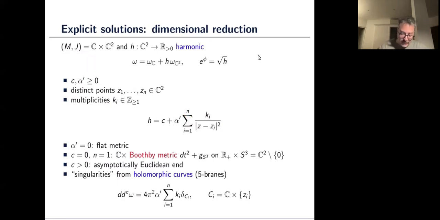One end is the one at infinity, and then there are n cylindrical ends coming from the points that you've removed. If you think of dd^c omega as a current on the whole of C3, then it satisfies dd^c omega equals some sum of delta currents of integration along certain holomorphic curves, which are just C times the points that I've deleted in C2.